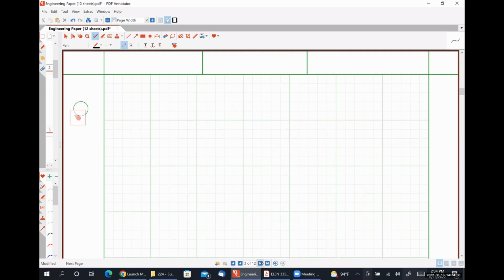So let's look at the following circuit. We have a 4 ohm resistor here. Two ohm resistor here. Let's put a dependent voltage source on top.